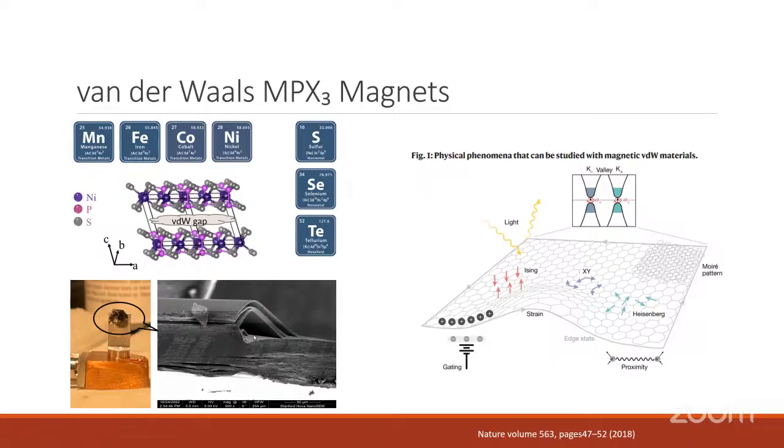From the experimental side, this is an example of MPX₃ under the microscope. You can see the layered structure pretty clearly, and this material is relatively easy to exfoliate to monolayer and thin film structures.